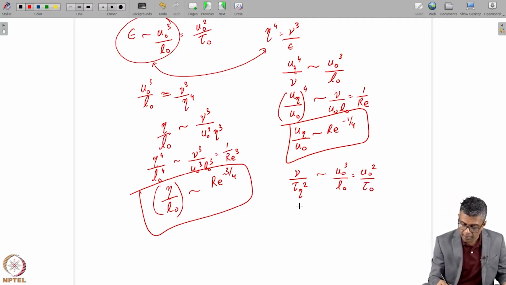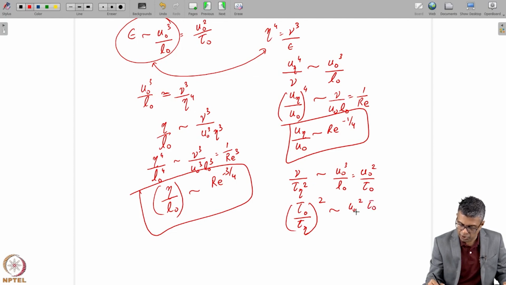So then my tau 0 over tau eta squared is of the order of U0 squared, isn't it?